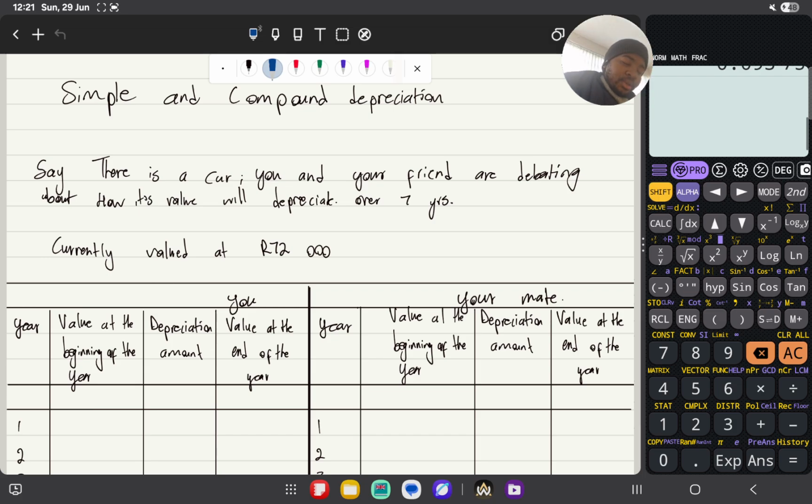But now you buy a car, and your car is 1000 rand. Say the compound depreciation rate was 10%. So you buy a car, and at the end of year one, the value of the car is now worth 900 rand, right?